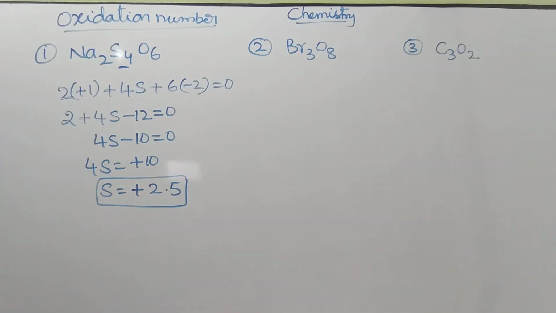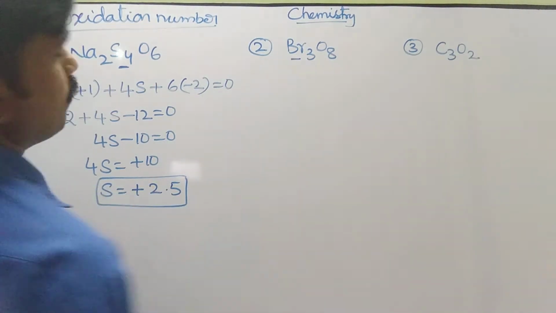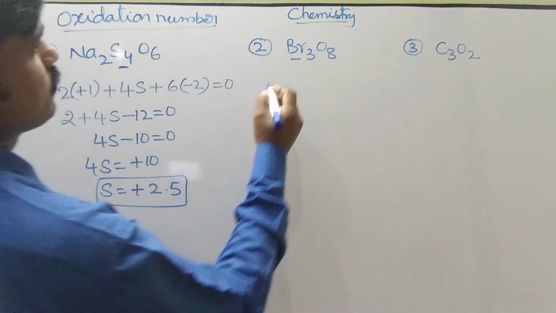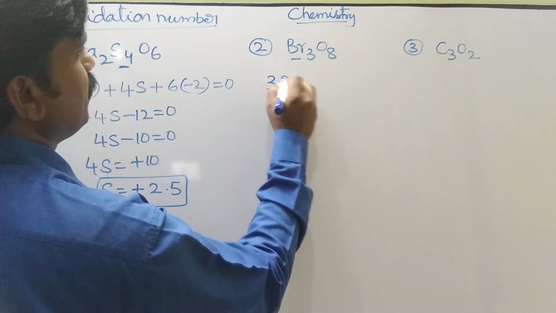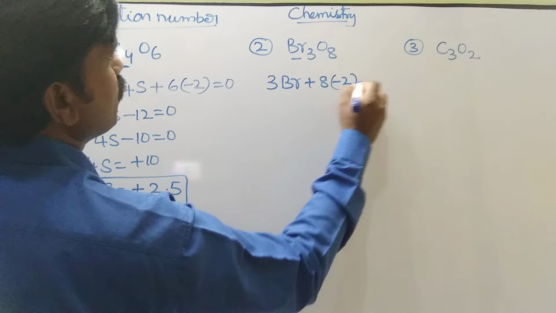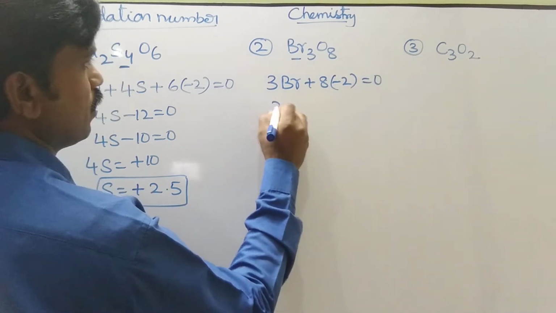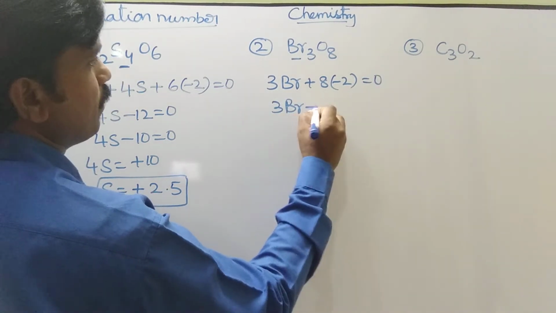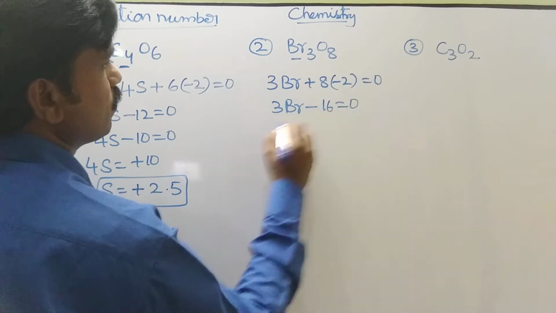Right now, Br3O8. Look at the oxidation state of bromine in this compound. 3Br plus 8 into minus 2 equal to 0. 3Br minus 16 equal to 0.